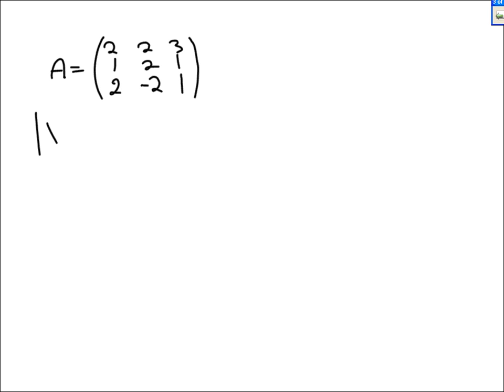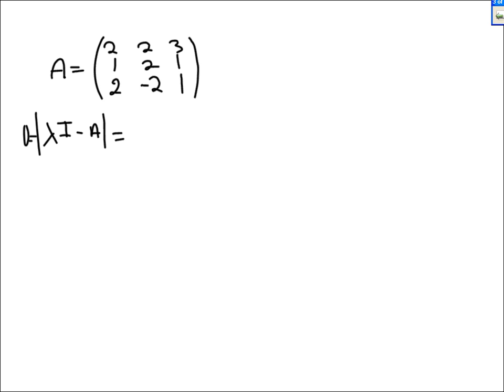Suppose A is equal to the matrix with rows 2, 2, 3; 1, 2, 1; and 2, negative 2, 1. We want to find the determinant of lambda I minus A and set it equal to 0.